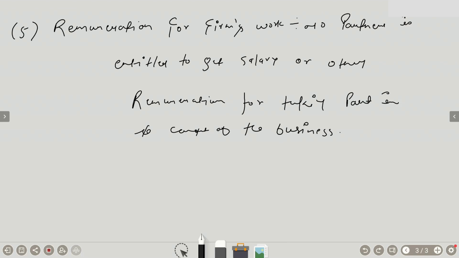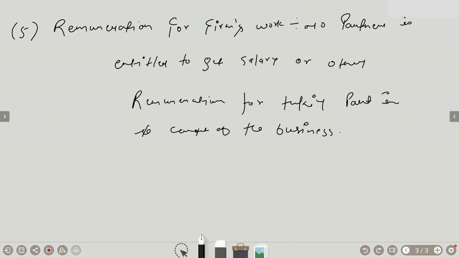If the partnership deed is silent regarding the remuneration of the partners, then no partner will get any salary from the firm. But if the partnership deed included the remuneration clause, then the partnership firm has to pay the salary or the commission as per the deed to their partners.